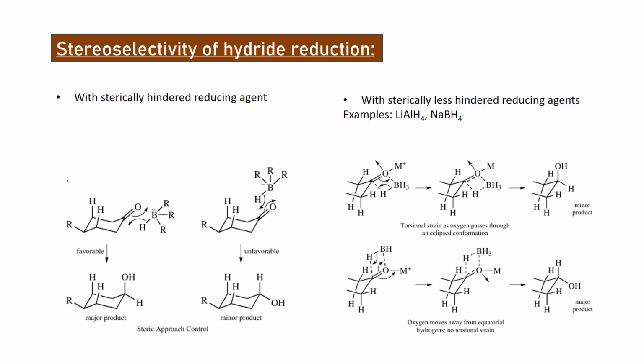NaBH4 selectively reduces the more electrophilic group. If there are two carbonyl groups like aldehyde and ketone, NaBH4 usually chooses the aldehyde over ketone. And NaBH4 can't reduce ester that much, but LiAlH4 can.